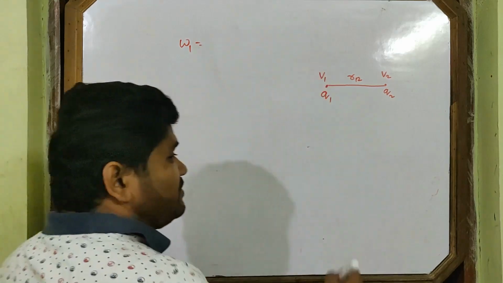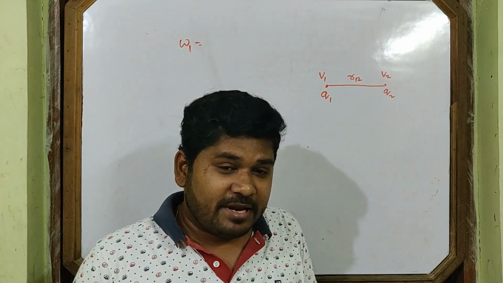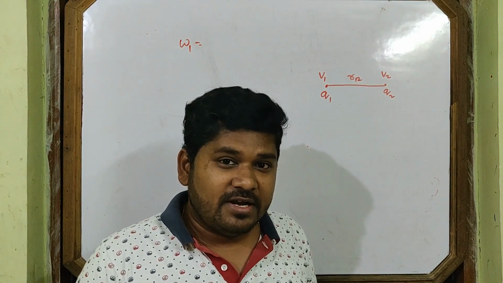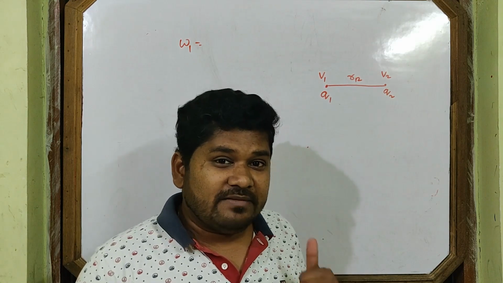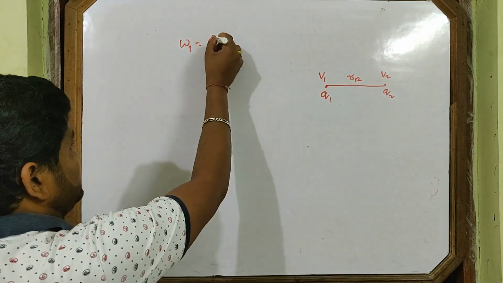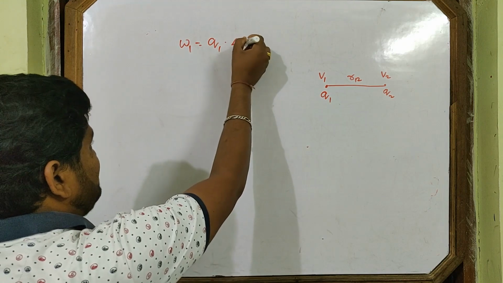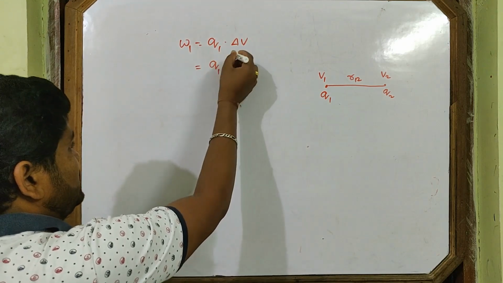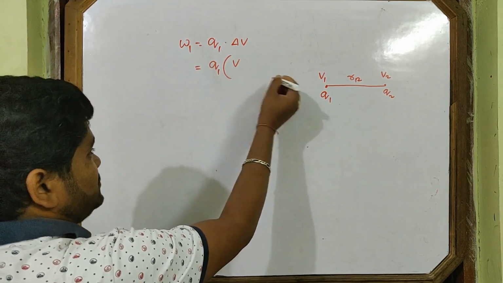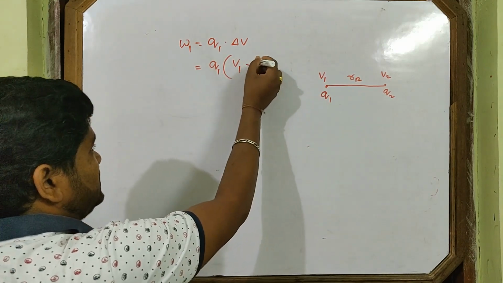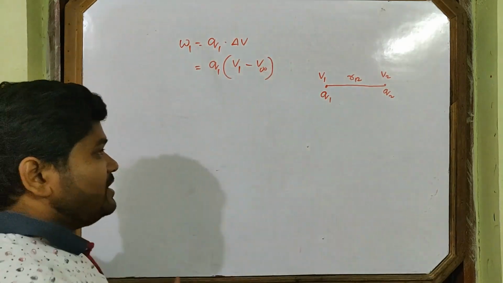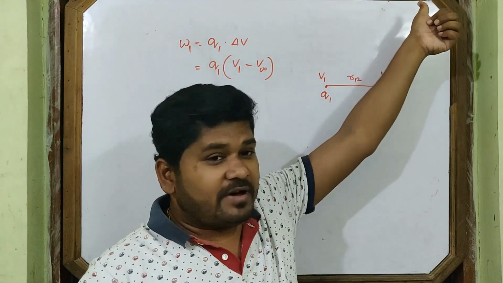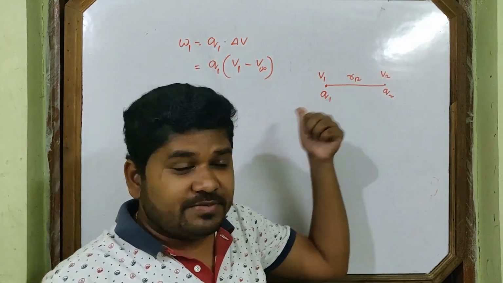So how much work is done? I have told you the formula of work done when you bring a charge from one point to another point: W is equal to Q into delta V. So here Q1 into delta V. What is delta V? The final position is V1, and the initial position is infinite. We bring this Q1 from infinity to this position, and here the potential is V1.